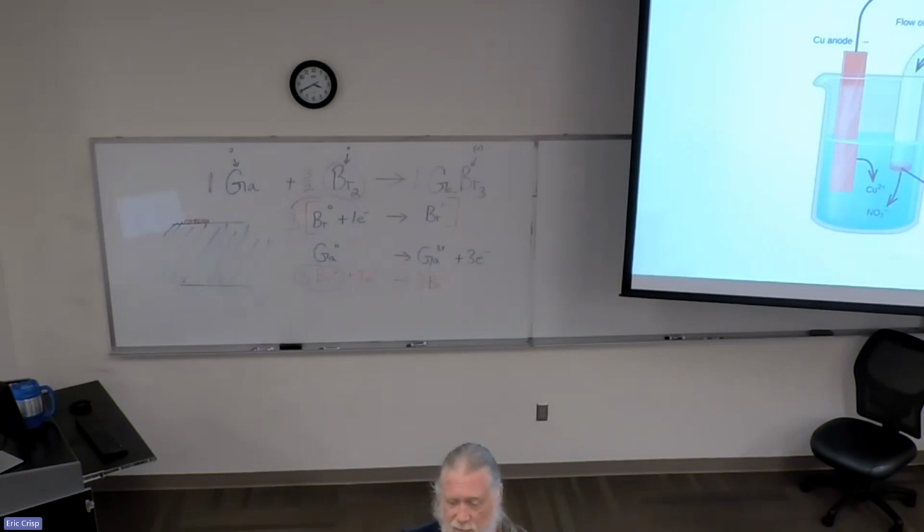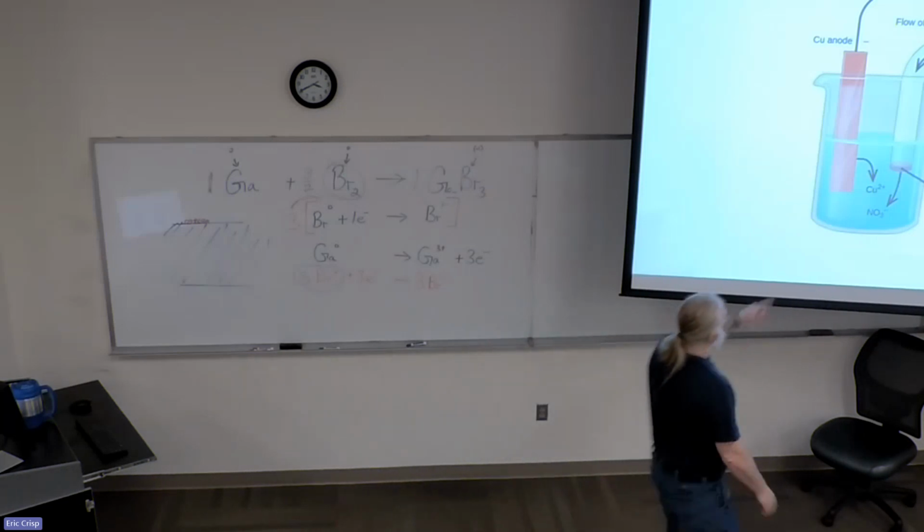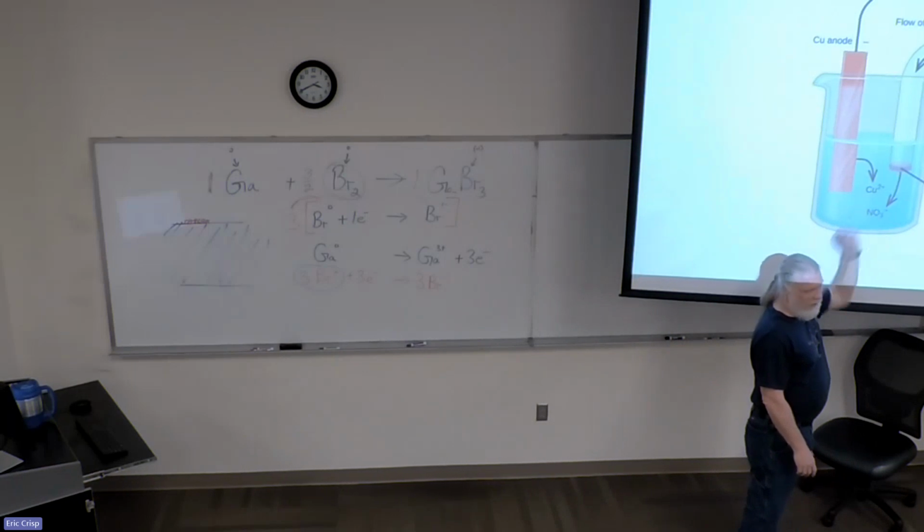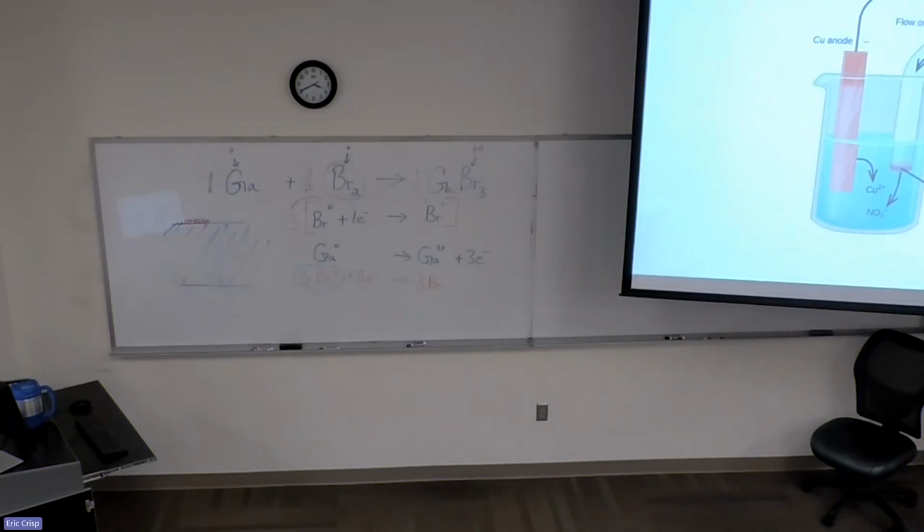Over here, we've got the copper oxidizing, and over here, we've got the silver being reduced. But the electrons still want to flow from the oxidizing copper to the reducing silver, right? Does that make sense?